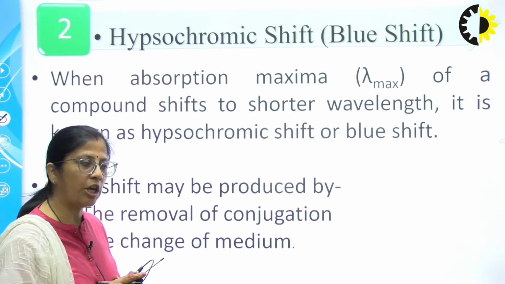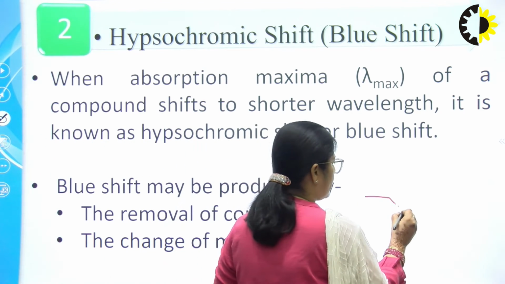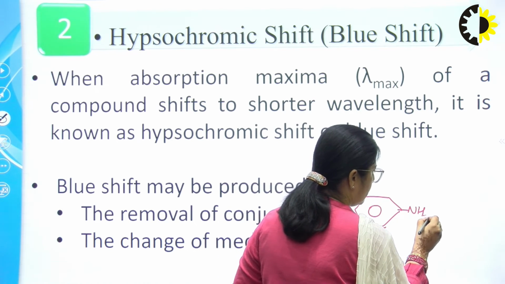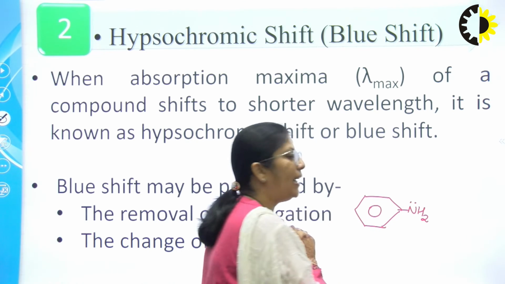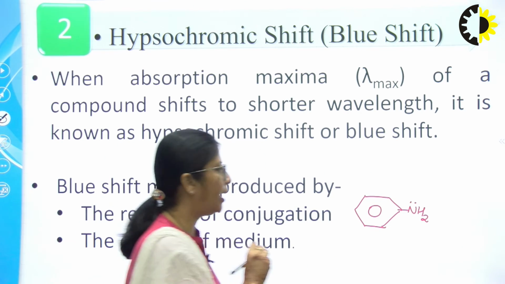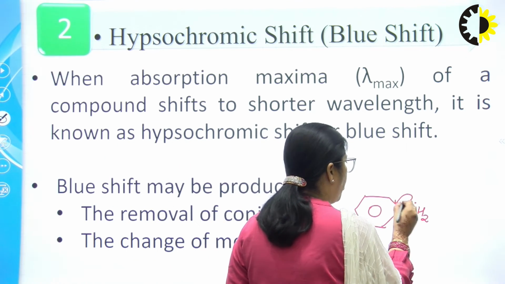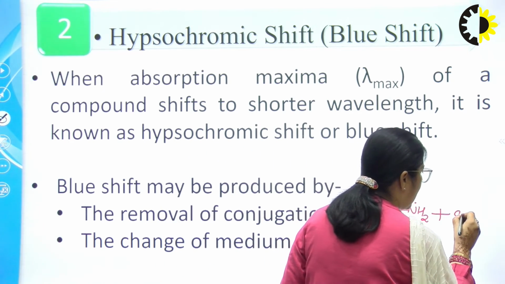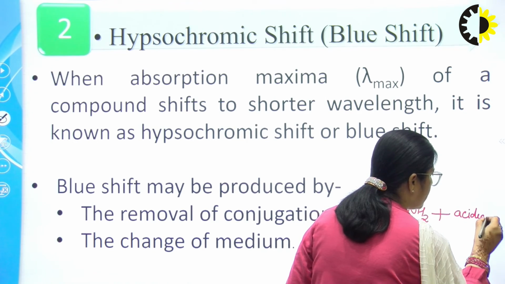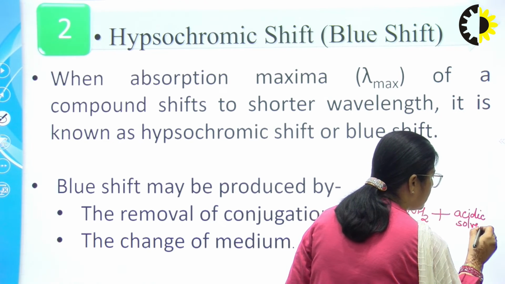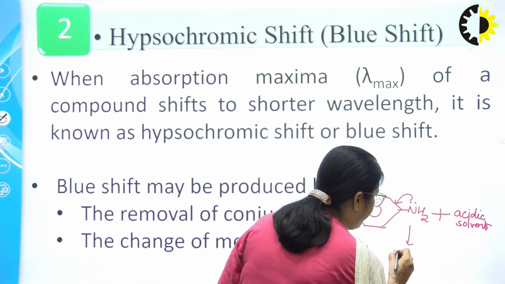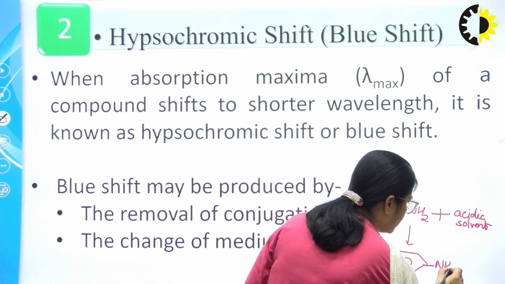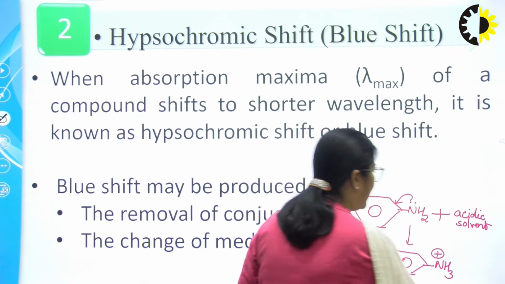By removal of conjugation also, for example, in aniline, the non-bonded electrons which are present on aniline are involved in conjugation, but on keeping this aniline in acidic solvent, I am going to form the anilinium ion.